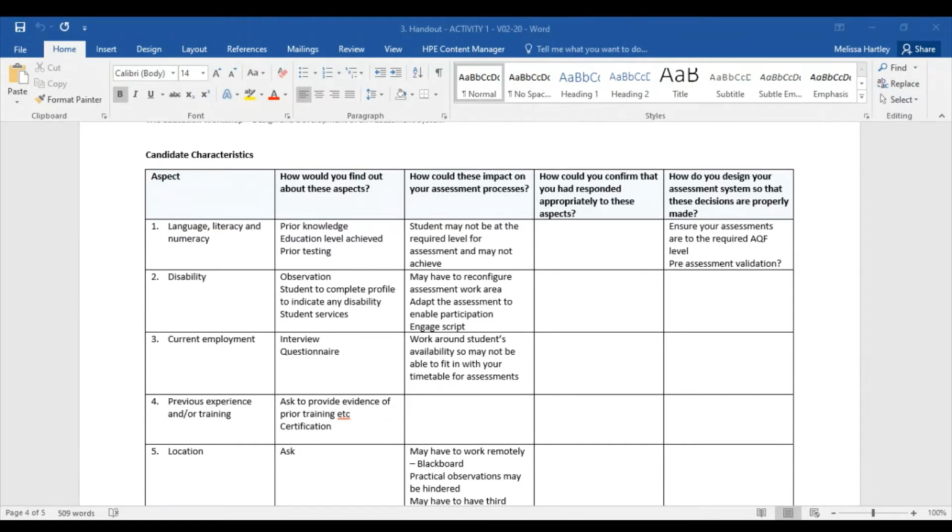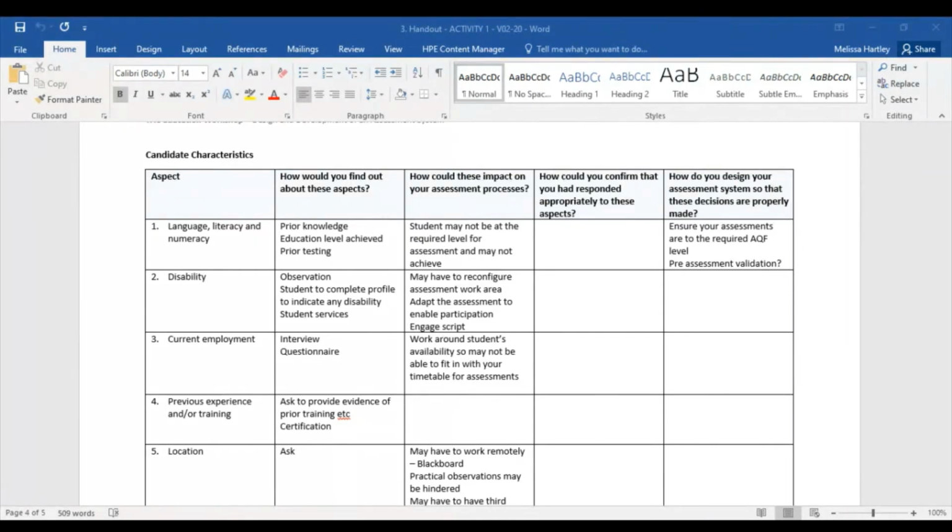It could be done orally rather than in writing. On the other hand, if there's a substantial literacy, language and numeracy requirement implicit in the unit, then it is quite appropriate for you to make sure that the assessment involves that requirement.